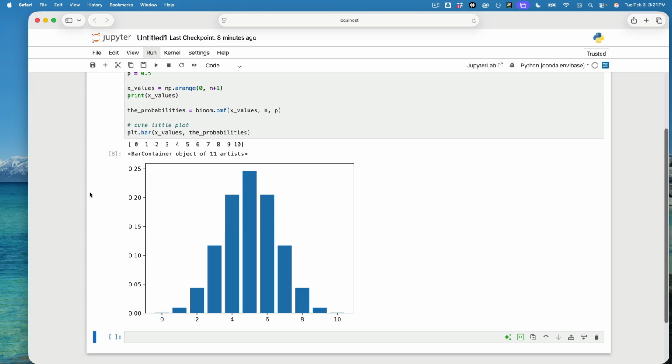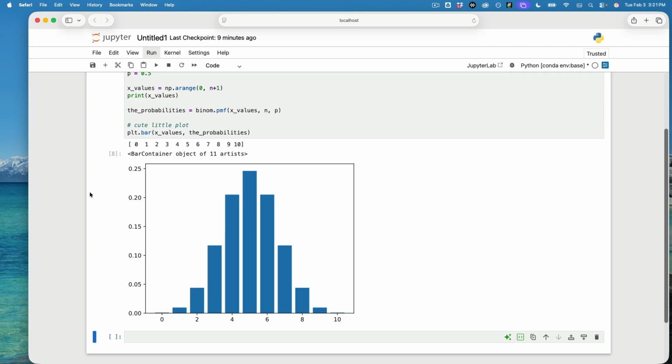I want you to think about the answer. If the probability of success is 10%, are we going to have a lot of successes? No. So what's going to happen to the curve? We're going to have a lot of little successes, and not many high successes. Good. And the opposite is true.